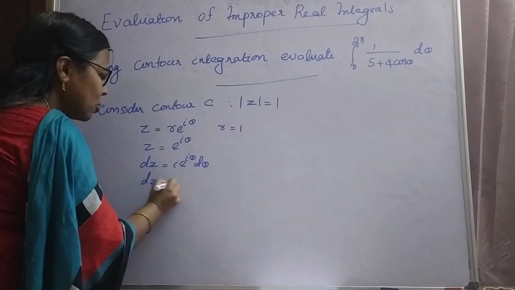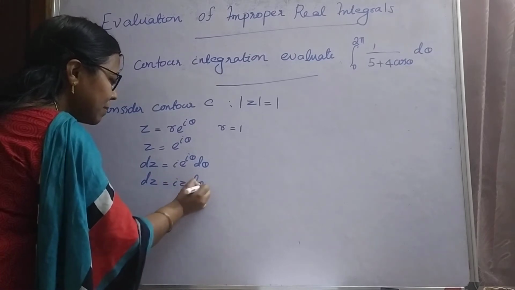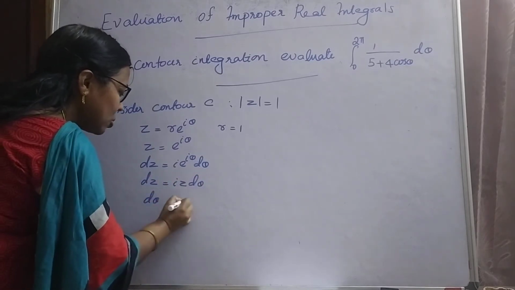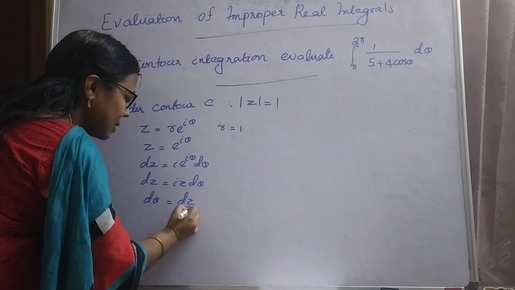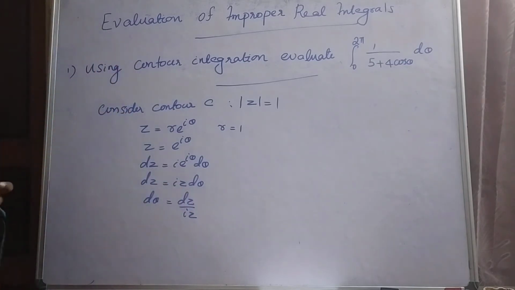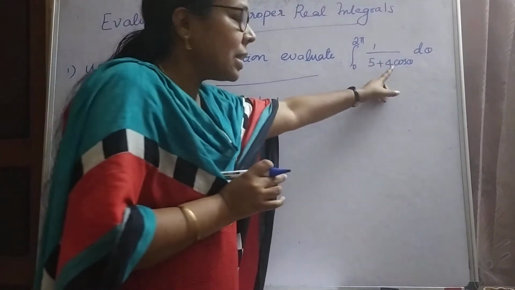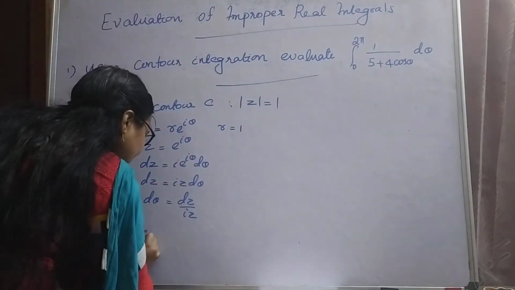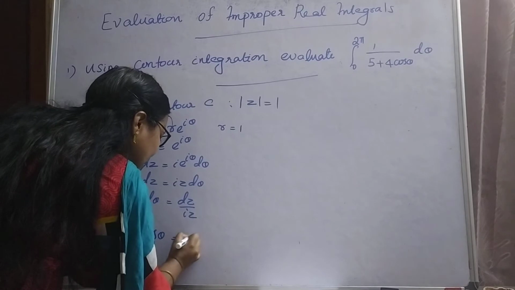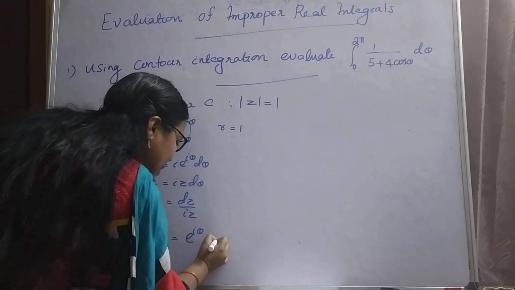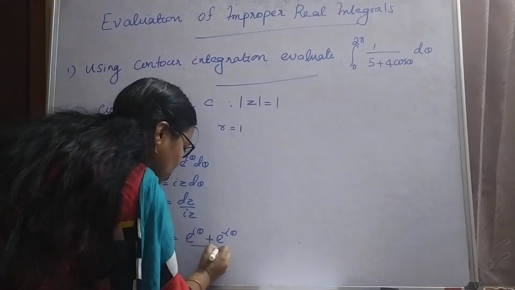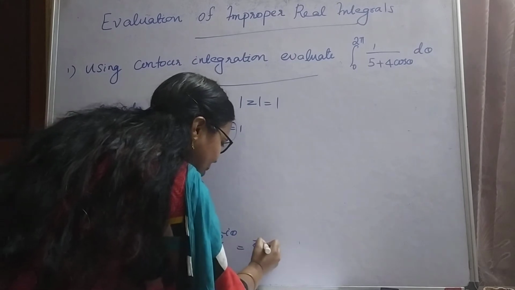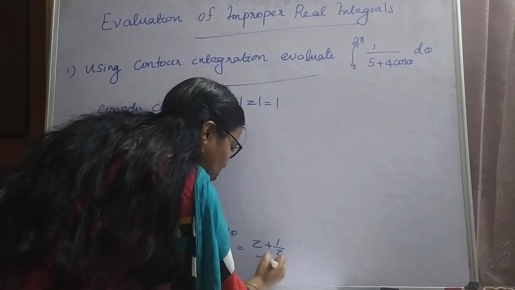Here dz equal to i z d theta, so d theta equal to dz by iz. Here cos theta is in the question. What is cos theta? Cos theta is e raised to i theta plus e raised to minus i theta by 2, which is z plus 1 by z by 2.